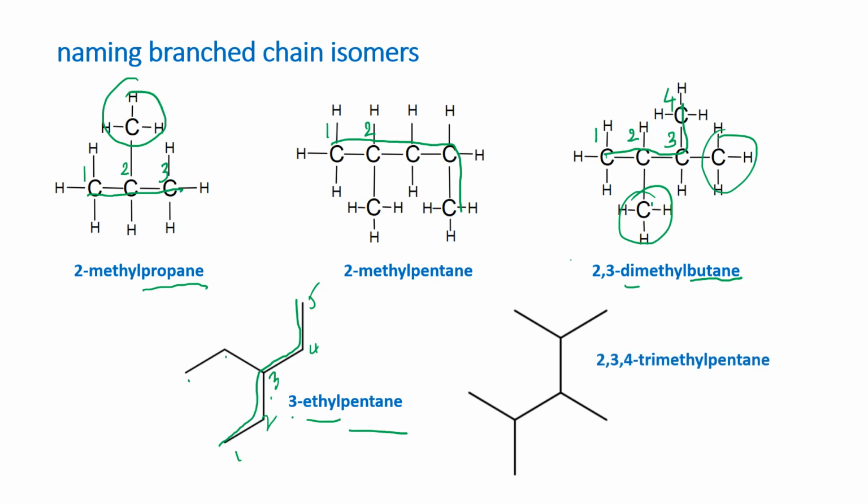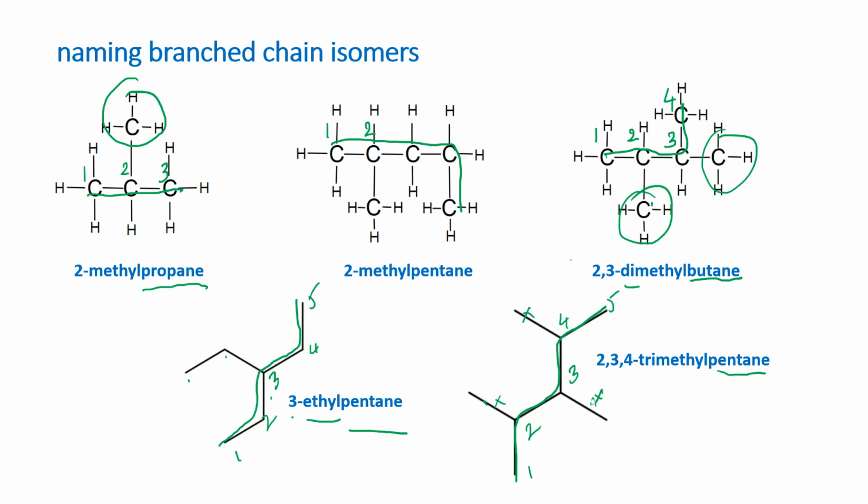And finally, 2,3,4-trimethyl pentane. The key to this is to identify the longest continuous chain. Number the carbons. So I've got 5 carbons in that chain, which accounts for pentane as the stem. I've got a methyl group once, twice, 3 times.